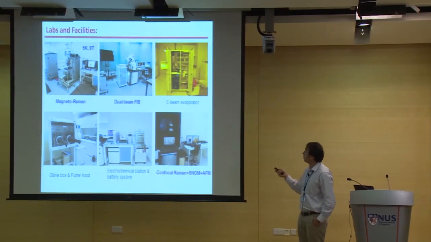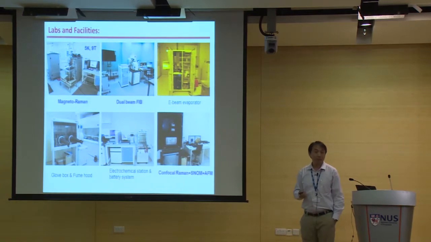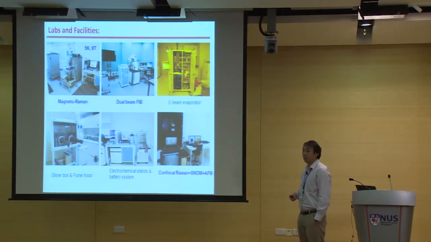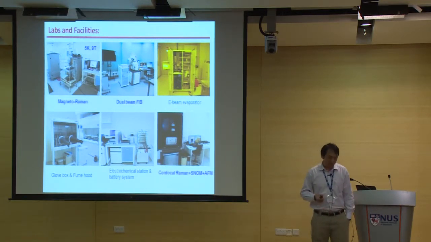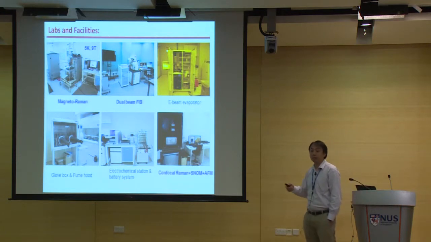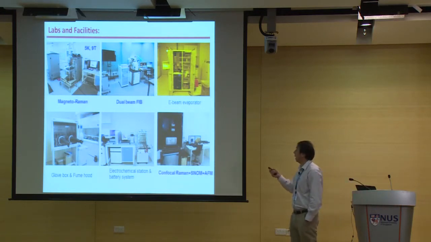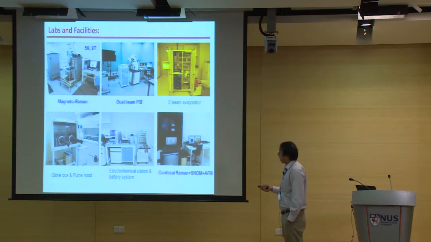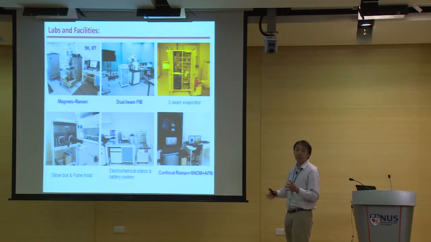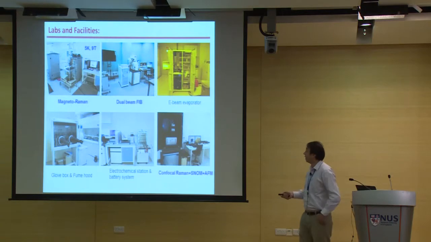In one of our labs, we also have a dual beam FIB, so we can create small features, or we can use it as an e-beam writer, since we have a beam blanker, so we can do device fabrication and patterning here. We have a few tube furnaces, which are the CVD systems we use for the growth of TMDs, and one big fast nano CVD system for growth of graphene.